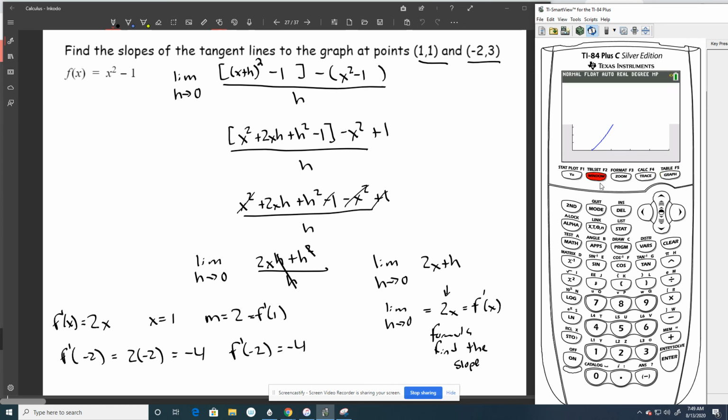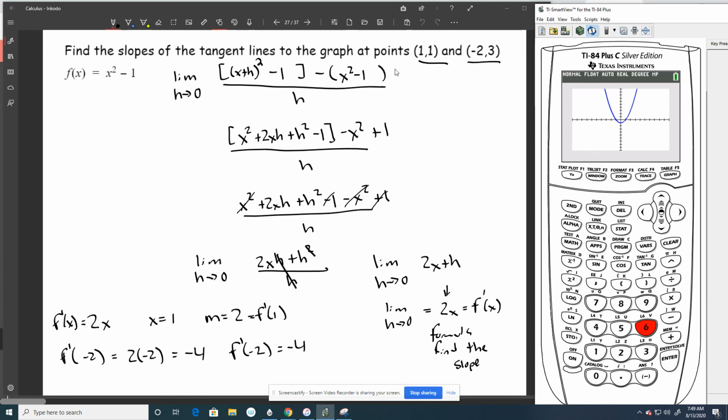Let's do our standard window. Nope, zoom, standard. There we go. So here's my x squared minus 1 function. I want to know, was I correct? Were the tangent line slopes, did I find the derivative correctly?